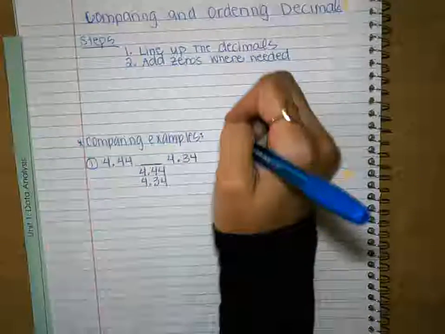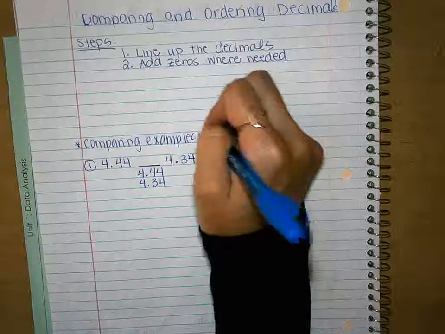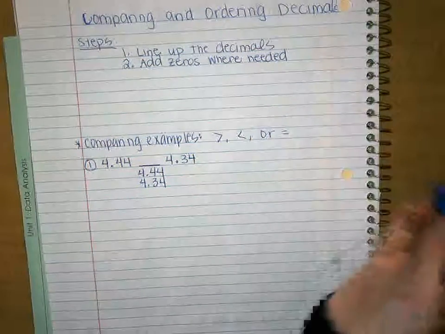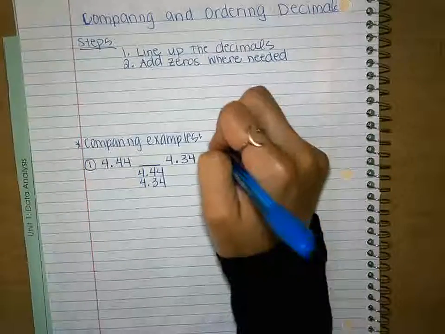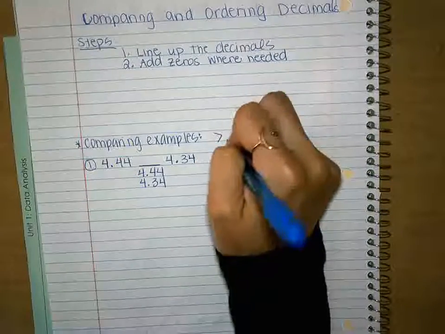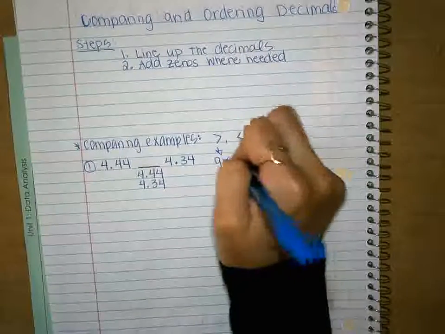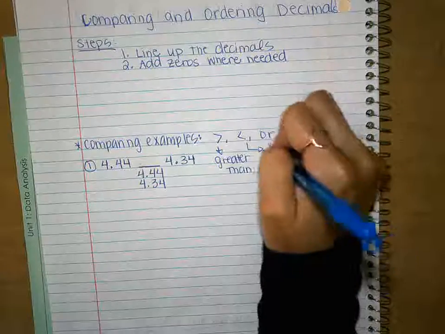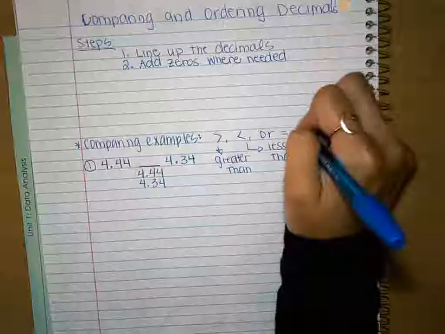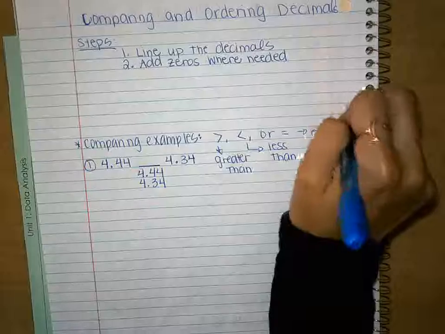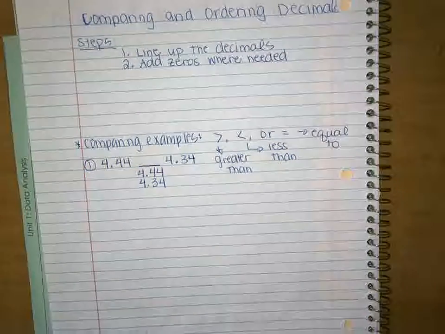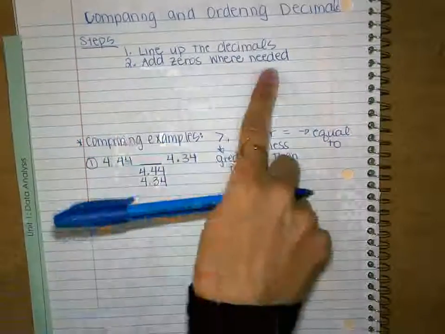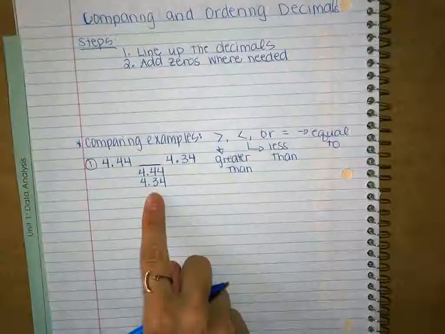When we compare, we use our signs: greater than, less than, or equal to. So I'm going to write these down. I do not need to add any zeros, so I can just leave it exactly as is.